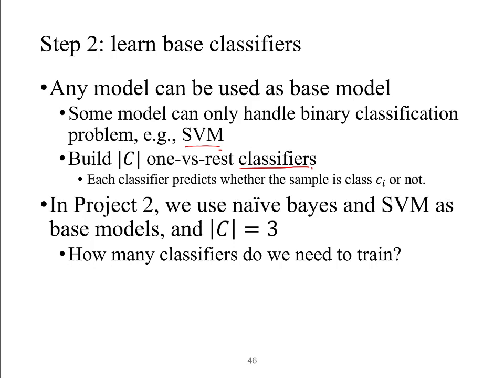We have 5 groups, and for each group we have 3 labels, label 0, 1, and 2.